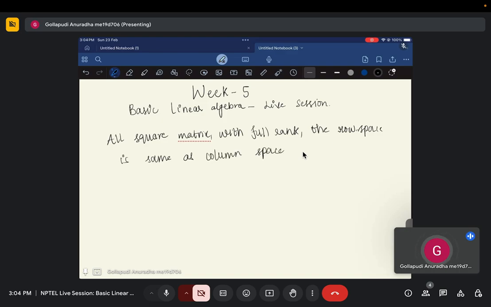There was a discussion going on this question. I would like to continue it and give clarity on this question. So is this a true or false statement?